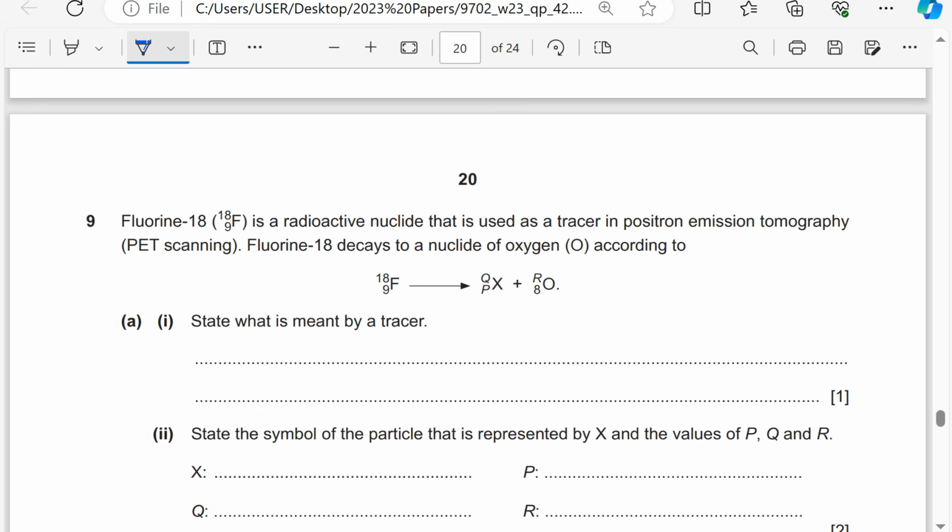Fluorine is a radioactive nuclide that is used as a tracer in positron emission tomography, which is a PET scan. State what is meant by a tracer. Of course, we know that a tracer is a material introduced into the body and absorbed by those tissues which are being studied.